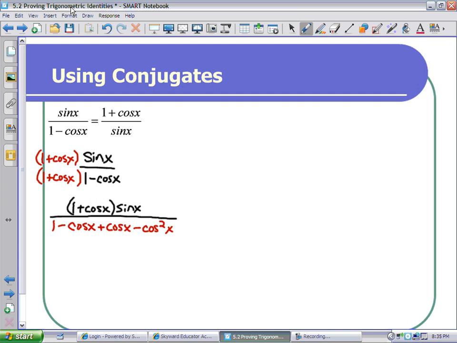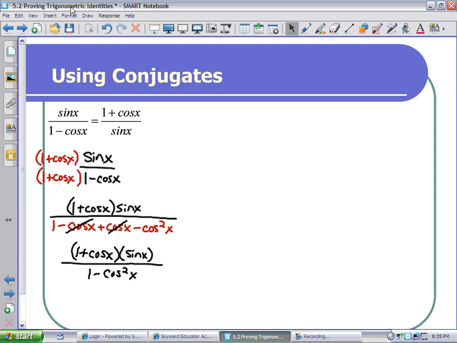You can see in the denominator the negative cosine x and the positive cosine x are going to cancel each other out. So here we're left with 1 plus cosine x times the quantity sine x all over 1 minus cosine squared x. Now I said we needed to get it to be a single term.